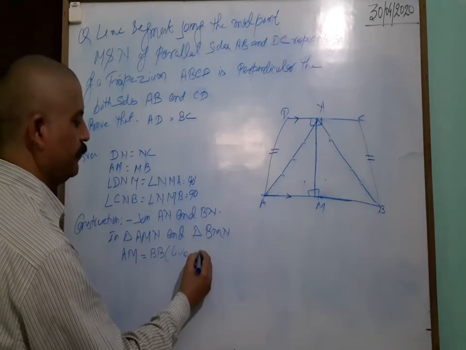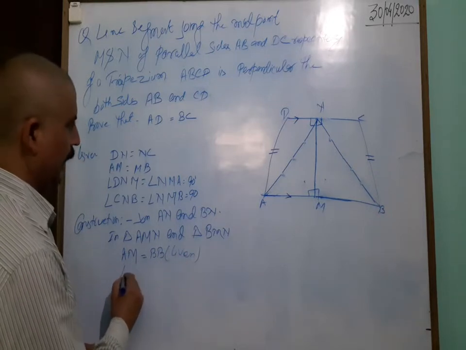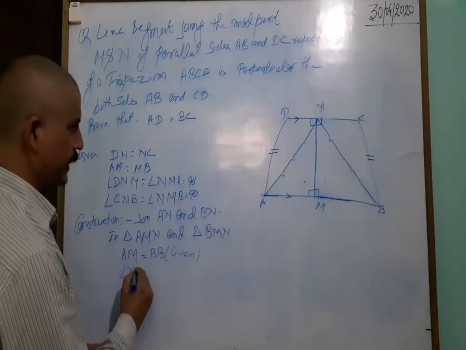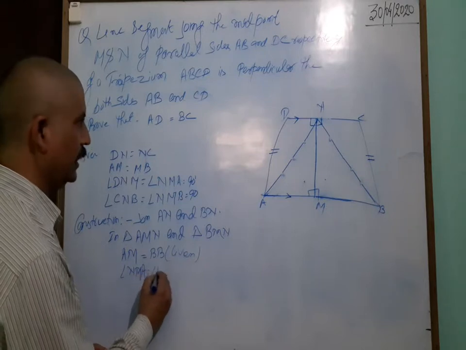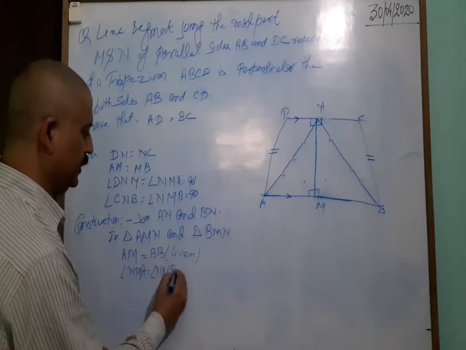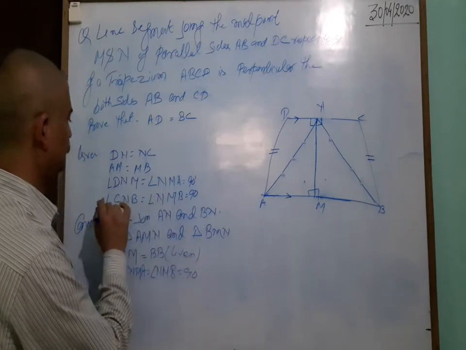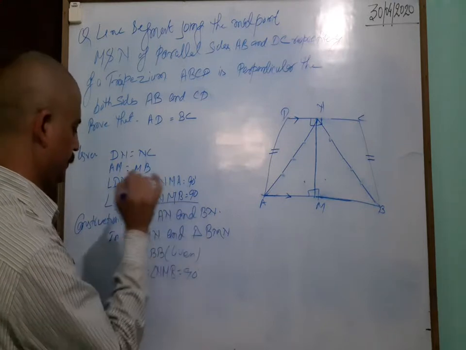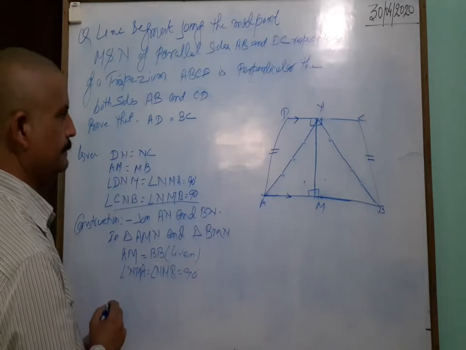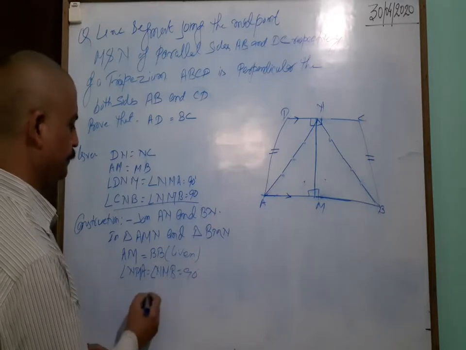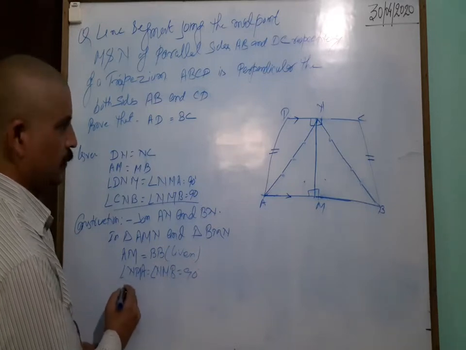Angle NMA is equal to angle NMB is equal to 90 degrees. And MN is common.